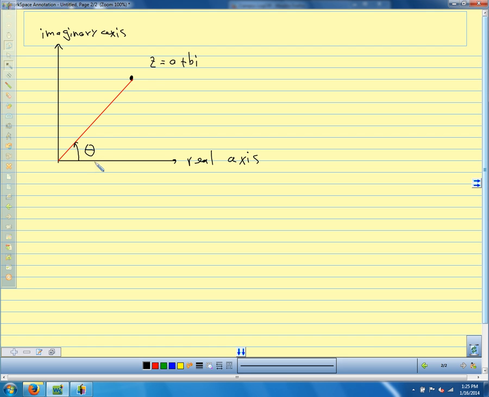We're going to call that angle theta. So if I do this, this side is A, this side is B, and we're going to call this R for radius.